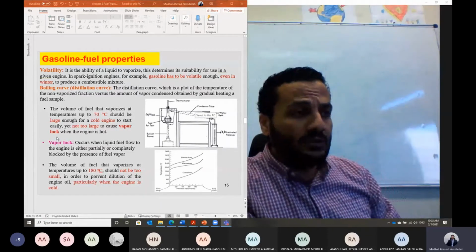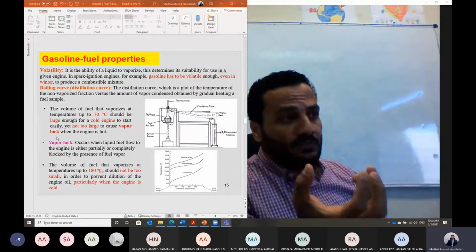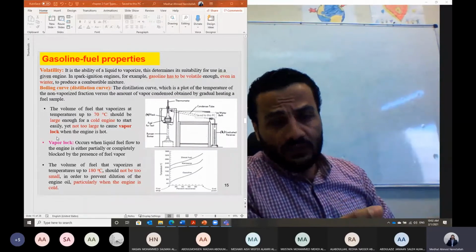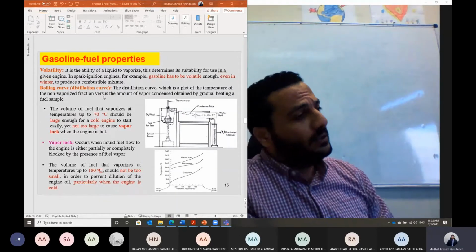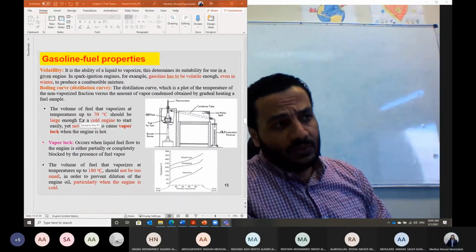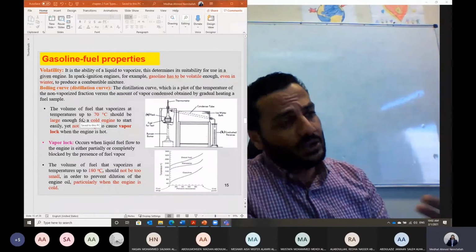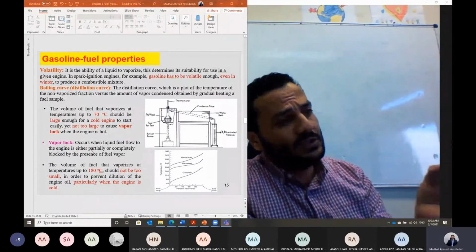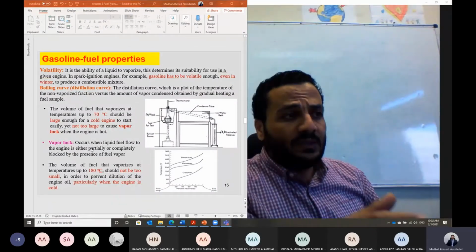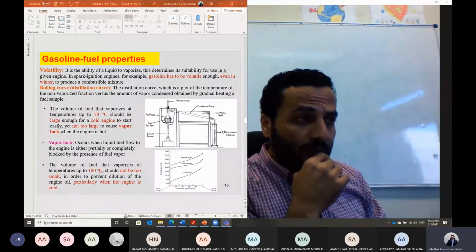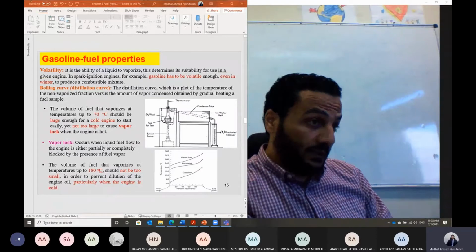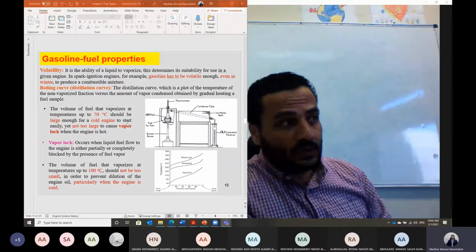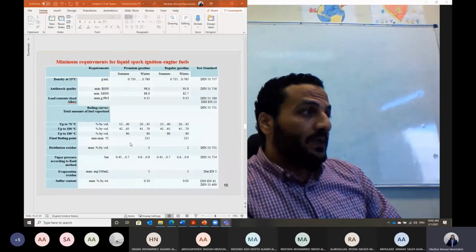So in this case the fuel has higher volatility, so it is volatile at lower temperature at start, and as the engine heats up, more fuel is vaporized. This vapor blocks the fuel line and prevents the fuel from passing to the engine at higher temperature when the engine heats up.